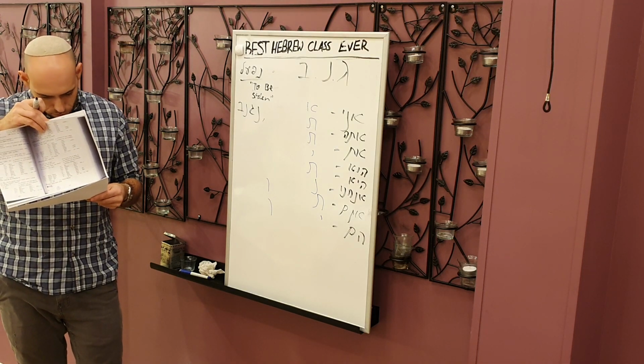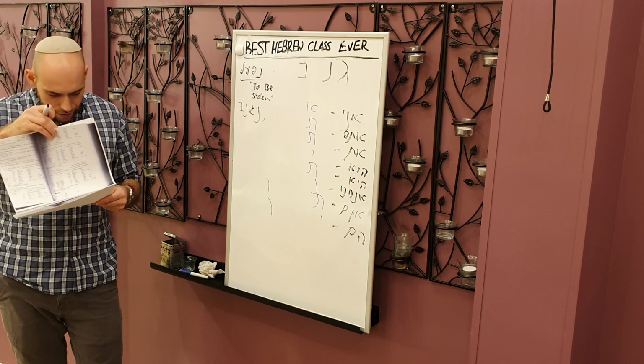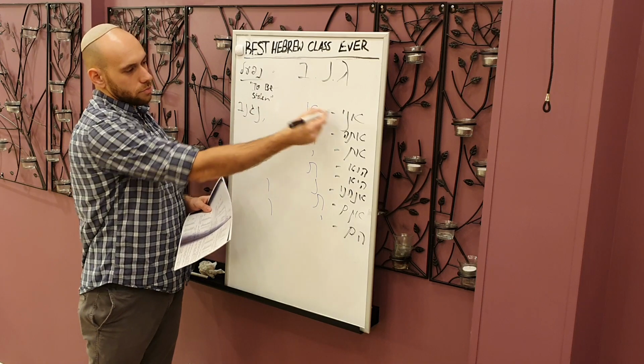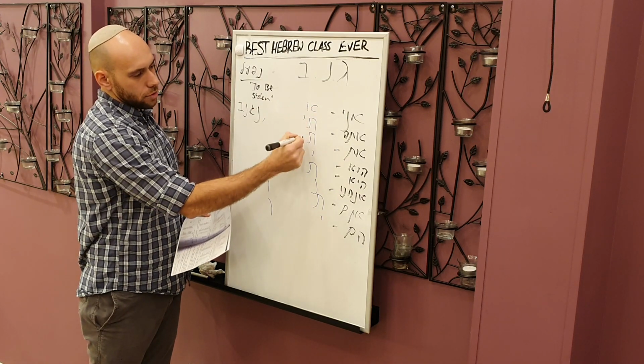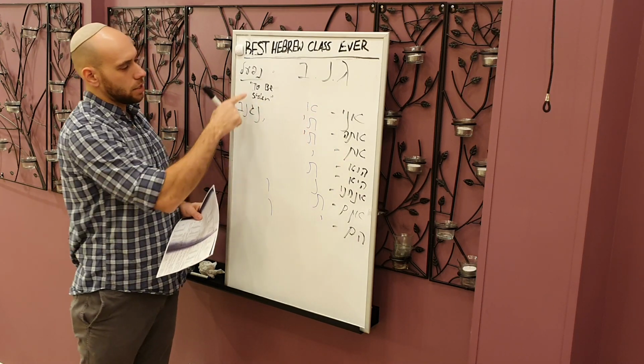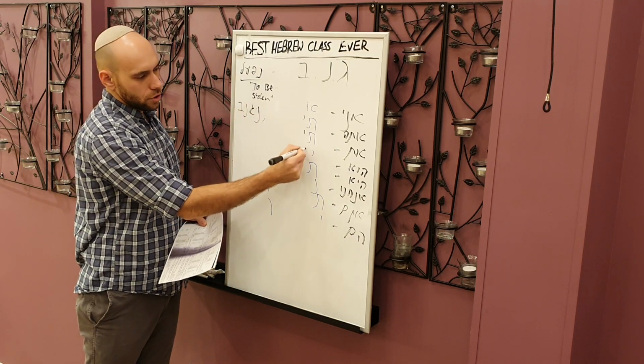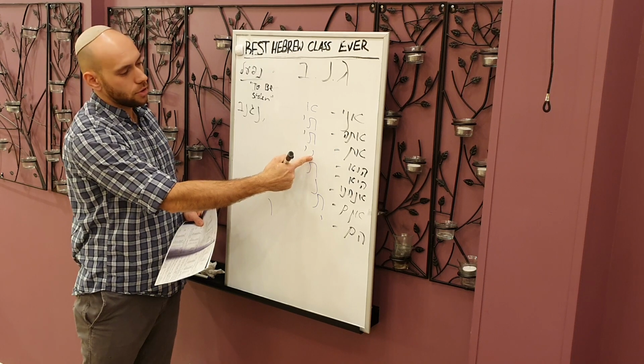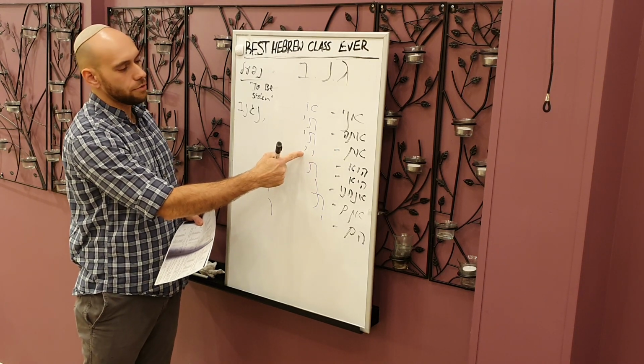Yeah, I guess the ani form doesn't get the yud. So there's no yud in the ani form, but the rest of them all get a yud. This yud is part of what makes it nifal in the future. So in the hu form, we'll actually get two yuds. One is because it's future tense, one is because it's nifal.